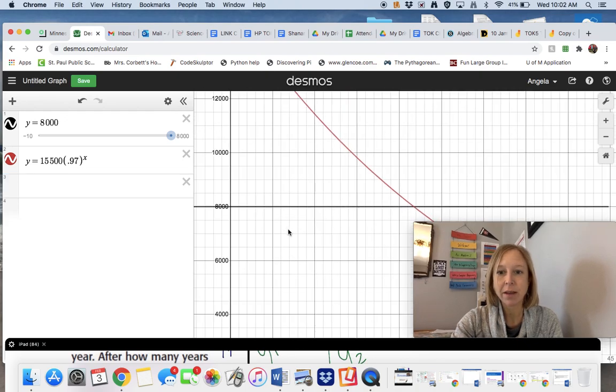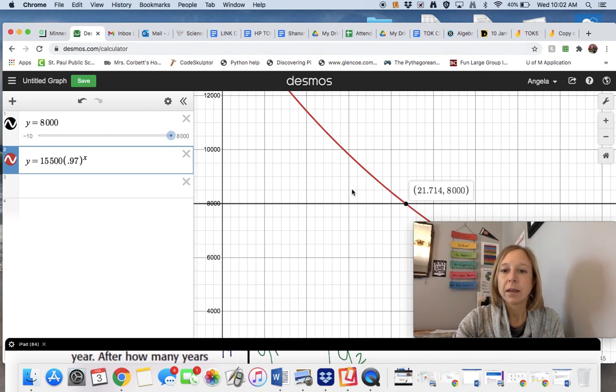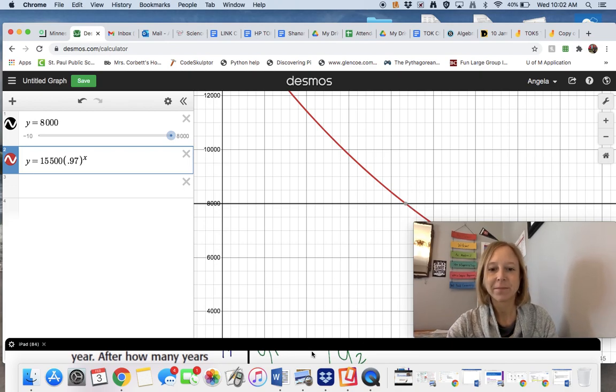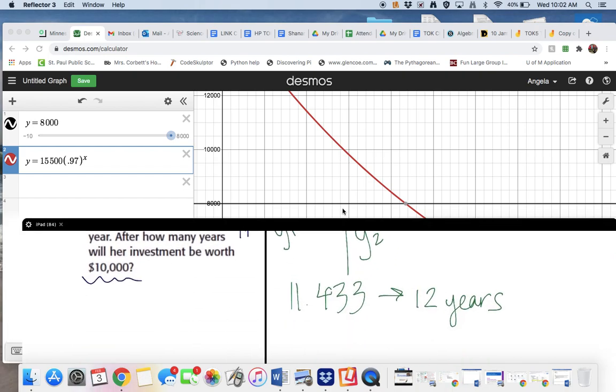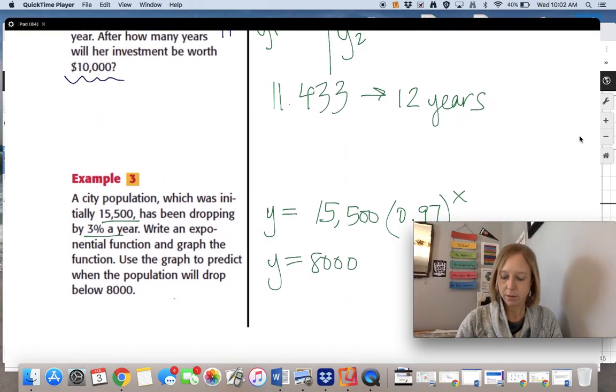Okay, we can't see our y-intercept, but that's okay. We can see this intersection point. We know we have exponential decay because our base is less than 1, and we can see it heading downhill and crossing that 8,000 mark at 21.714 years. So how many years will it dip below 8,000? Well, if we simply just round to 22, 22 years would be our answer. So let's go ahead and write that down. 22 years.